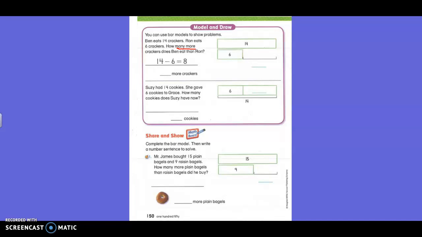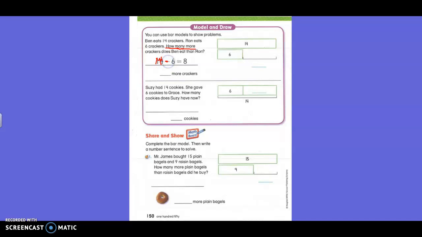So when you hear how many more, usually you're going to be doing subtraction, okay? Sound good? And when we have subtraction, we usually have a big number and a small number. So let's look. Our big number in our problem was what? Henley? It was 14. So they wrote 14 on your number sentence first.